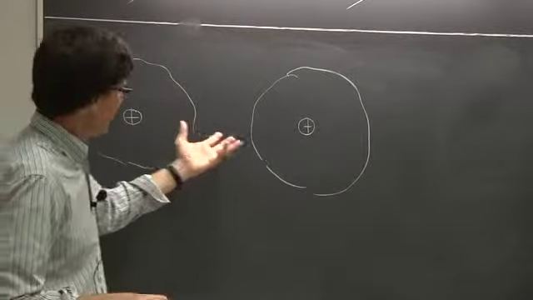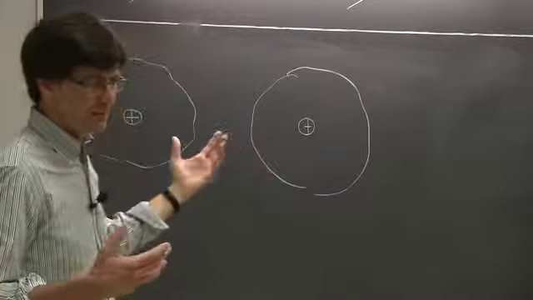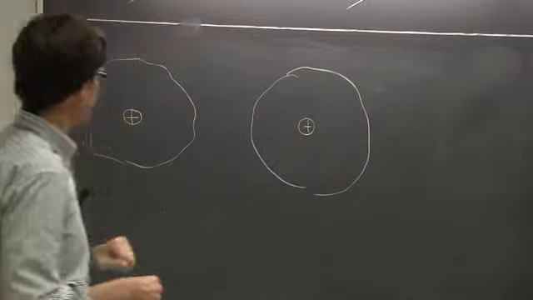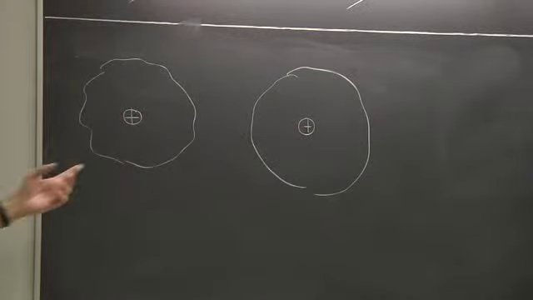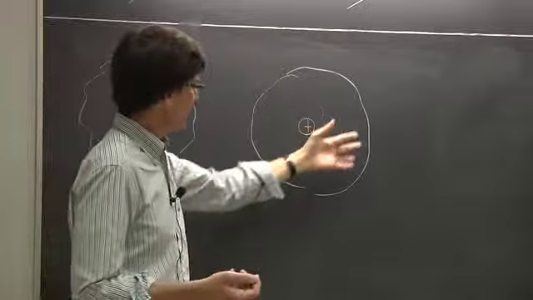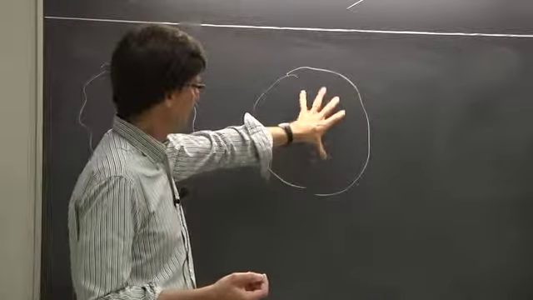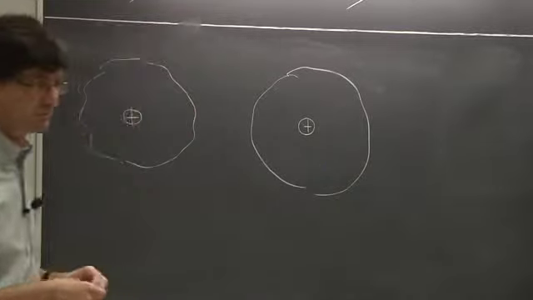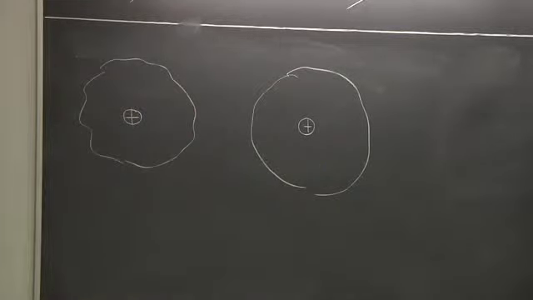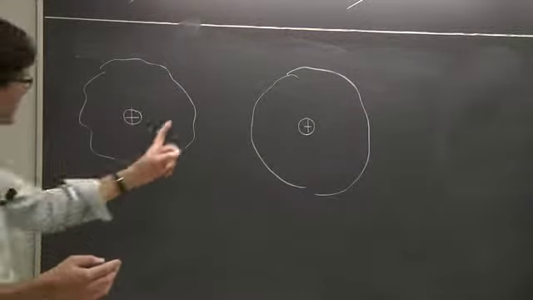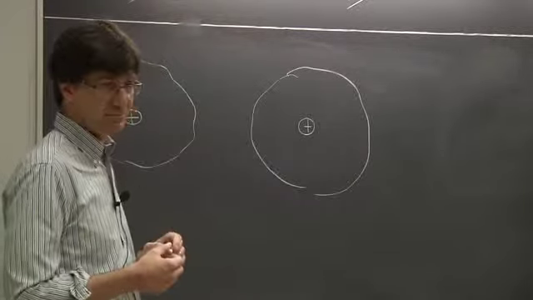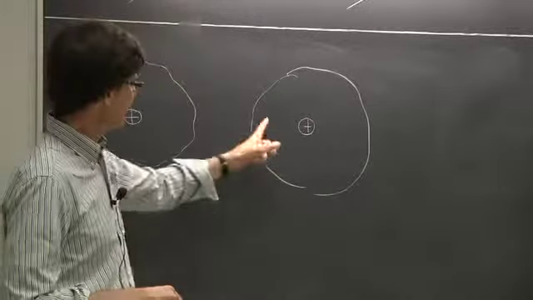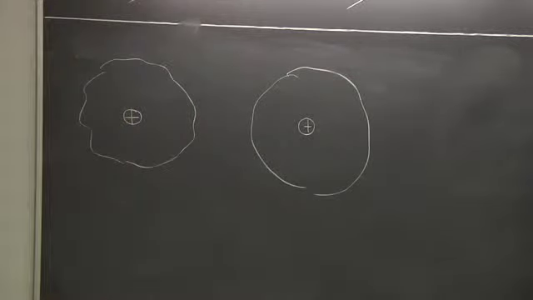What's going to happen to this system when I'm approaching the two atoms? Well, there are a number of things that may happen. There are electrons here, there are electrons here, there is a nucleus here, there is a nucleus here. The first obvious thing is that these electrons will be affected by the presence of both this electronic distribution and the nucleus. Electrostatics tells us that the two electronic clouds will repel. This electronic cloud will be attracted by this nucleus, and this electronic cloud will be attracted by that nucleus, right?